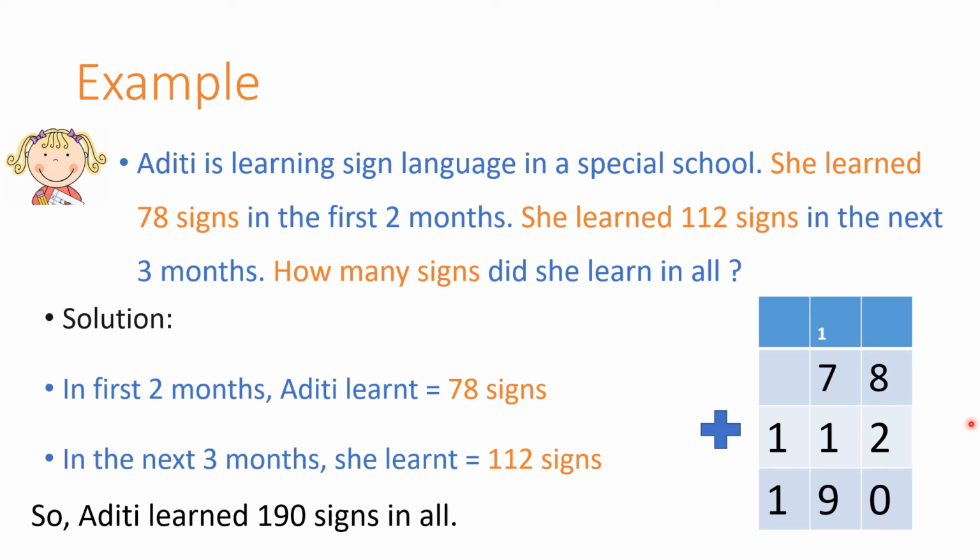It means, children, the sum of 78 signs and 112 signs is equal to 190. It means Aditi learned 190 signs in all. This is the way to find out the answer. Hope you understood these steps.